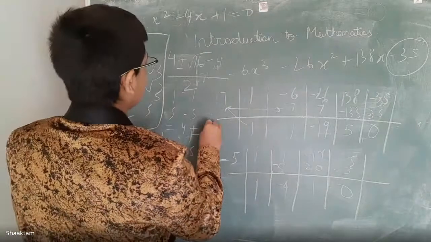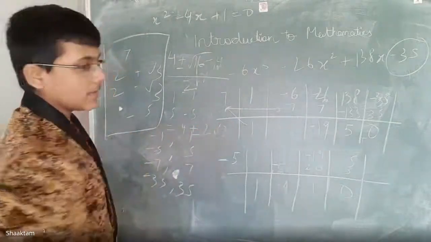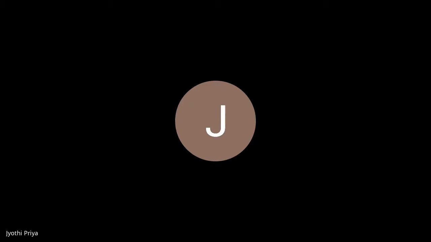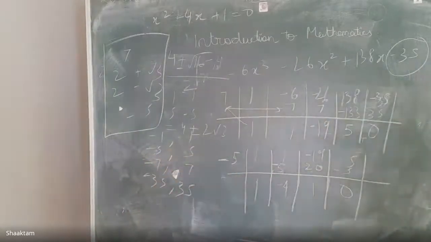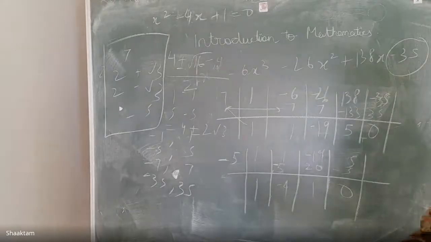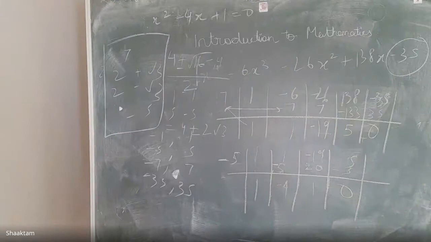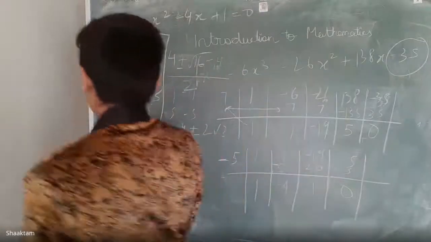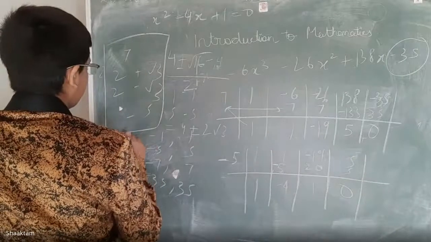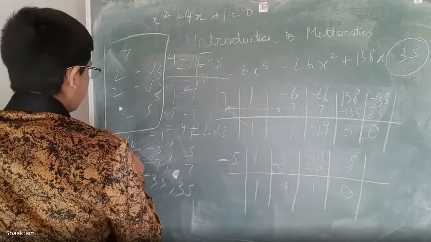So you get 2 root 3. So you can make root 12 into 2 root 3 because root 4 is 2. This is a fact: if there are two numbers, alpha and beta, then root of alpha into root of beta will also be the square root of alpha into beta.